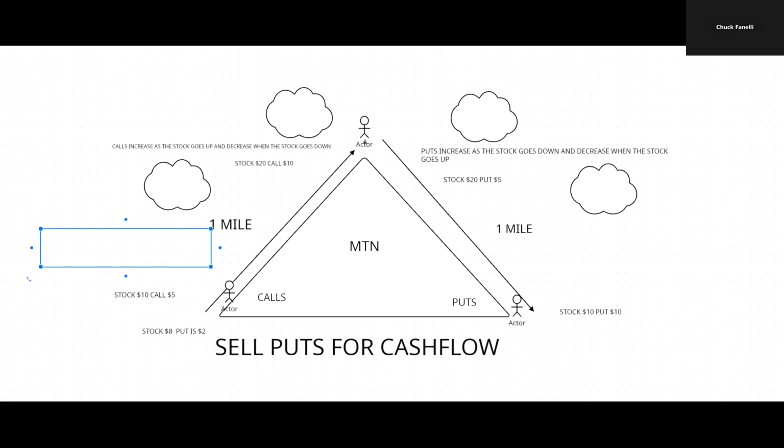So let's just say we sold it for $9. Now, one contract is worth 100 shares. So that equals $900. Okay. Remember, $9. One contract is 100 shares. So 9 times 100 is 900.